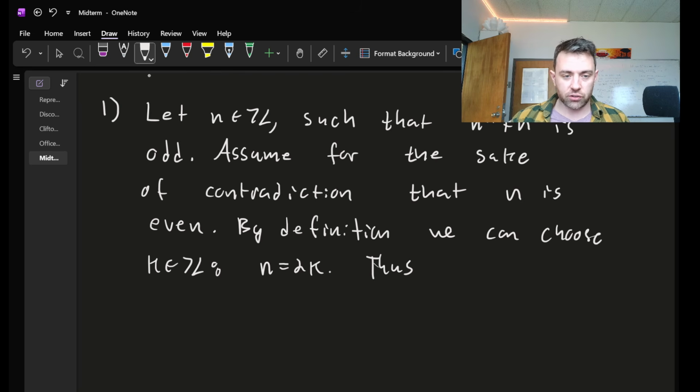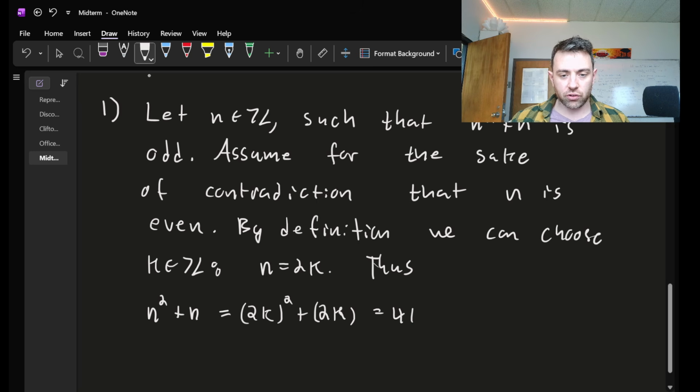So thus, n squared plus n, well, if we substitute in the fact that n is even, right? Then we get 4k squared plus 4k, which is, let's say, 2 times this, because I want to exactly pattern match the definition of being even.